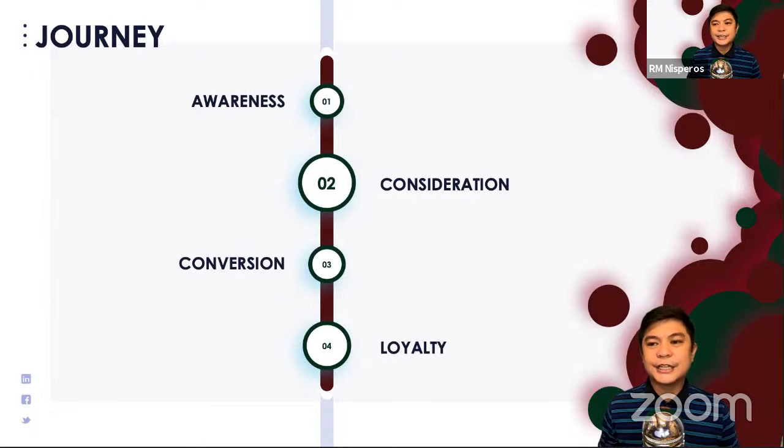Loyalty is where you provide after-sale service. They repeat purchases, and they create a relationship with you, and that relationship results in advocacy for your brand. They become loyal fans. They promote for you without you paying them. So that's loyalty, the end goal of any marketing plan.